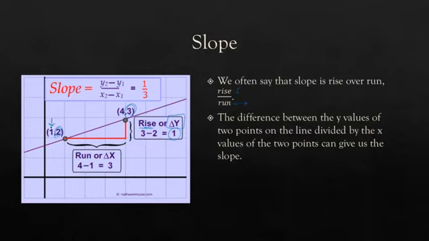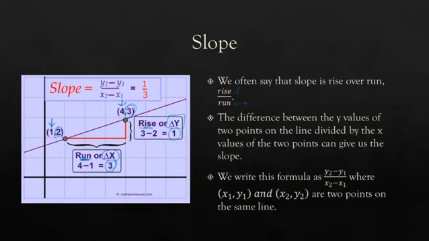So an x value of 1 and an x value of 4. The difference between 4 and 1 is 3. So 3 is our change of x, or what we call our run. If we put our rise, our 1, over our run, our 3, we get 1 over 3. That is the slope of this line.